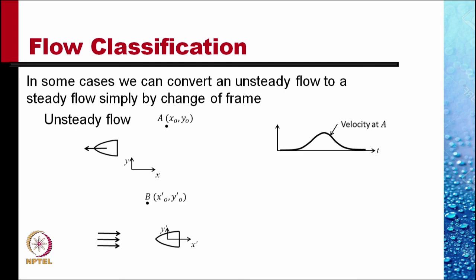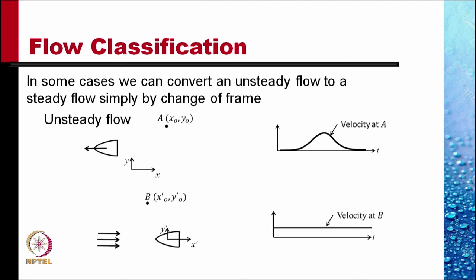Here, the point B is in the frame x naught prime, y naught prime. The body is stationary in this frame. The fluid moves past this from left to right with the velocity v. Then the velocity at point B would always be the same, invariant with time.